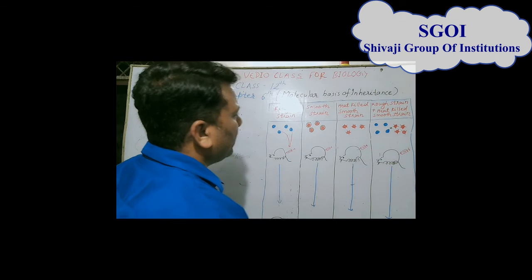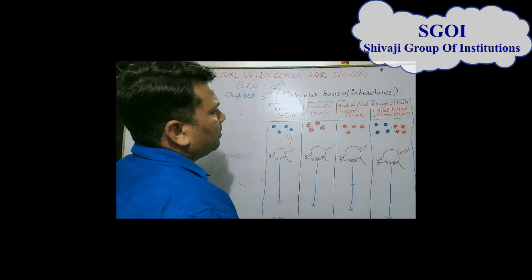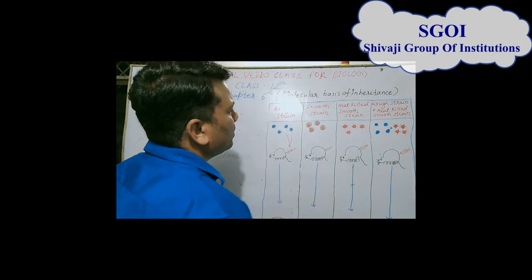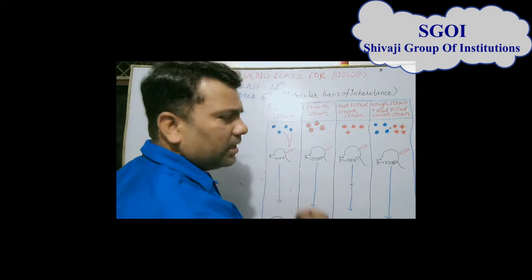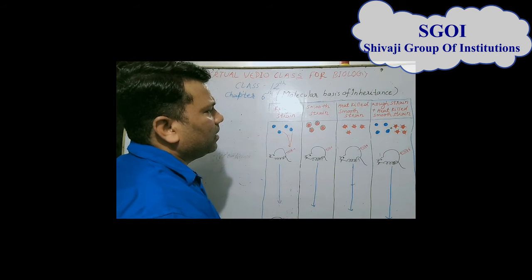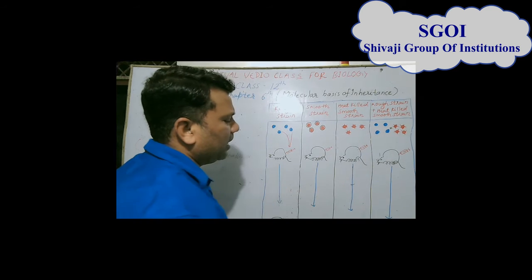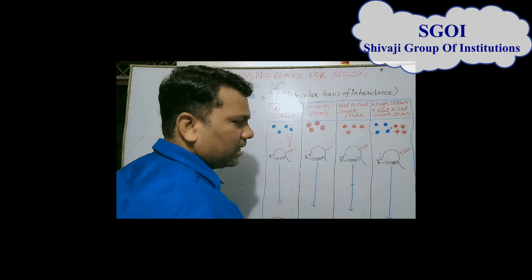After that, what happened when Griffith heat killed the smooth strain? When this heat killed smooth strain is injected into the mice, the mice lives.